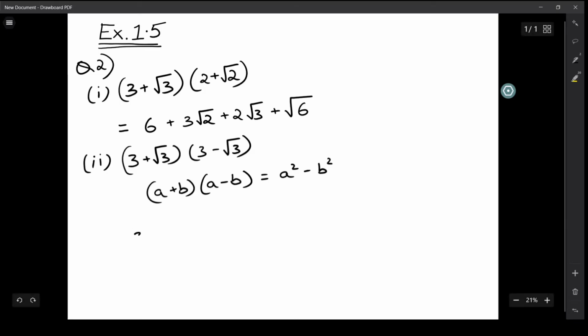Hence we can write this as 3 square minus root 3 square, which is nothing but 9 minus 3, or in other words, the number 6. And that's the solution of part 2.